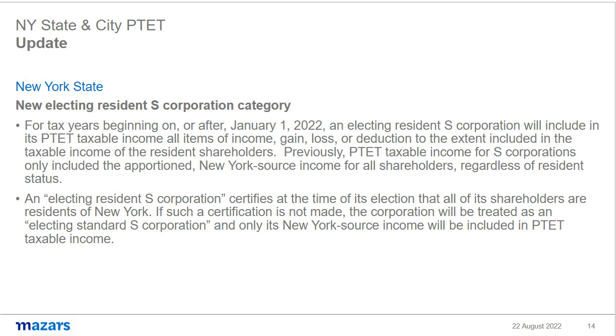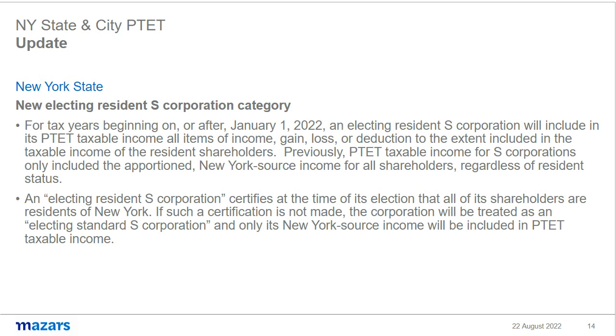So this addresses what was a discrepancy between partnerships and S corporations in the 2021 year, where for S corporations, the PTET was calculated based upon the business allocation percentage of the S corporation, regardless of the resident status of the shareholders, whereas partnerships were allowed to calculate their PTET based on 100% of the distributive share of a resident partner.